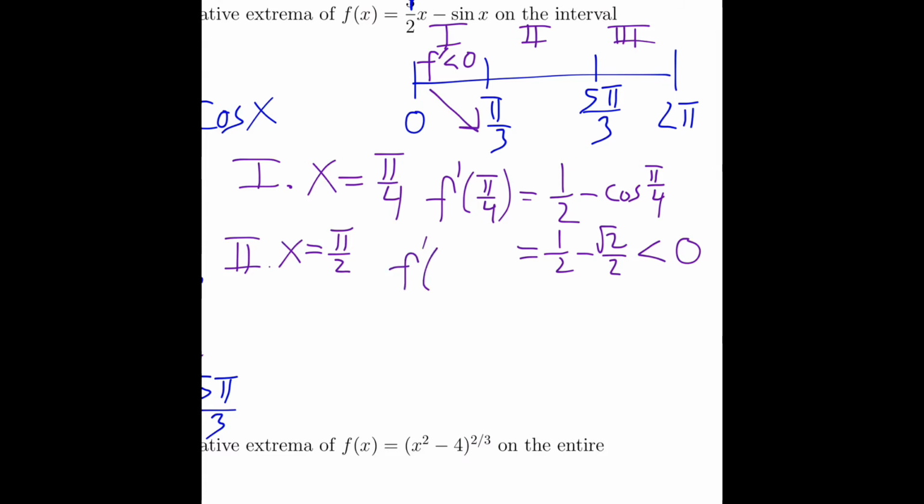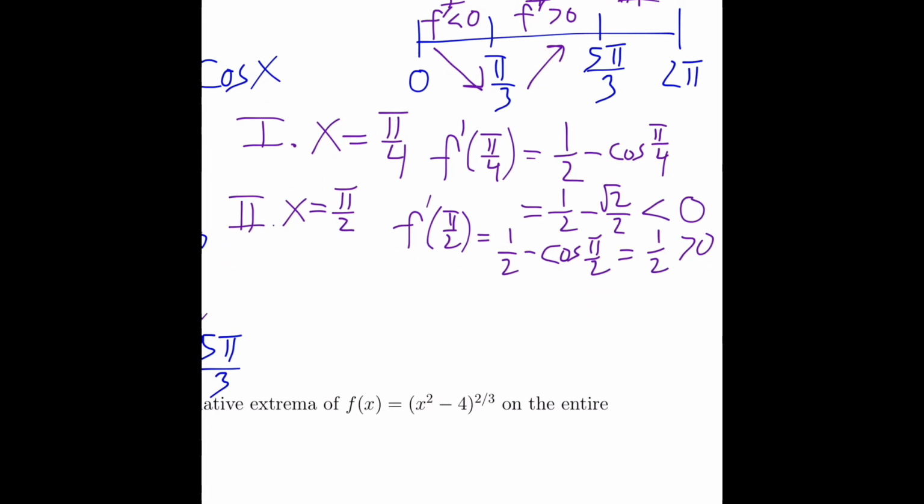If we calculate f prime of pi over 2, that's going to be 1/2 minus the cosine of pi over 2. Cosine of pi over 2 is 0, so we get a positive 1/2, which is greater than 0. So in region 2, f prime is greater than 0, which means that the function is increasing. And now we have one more region to check out. Let's take a look at region 3. We need to use a test point between 5 pi over 3 and 2 pi.